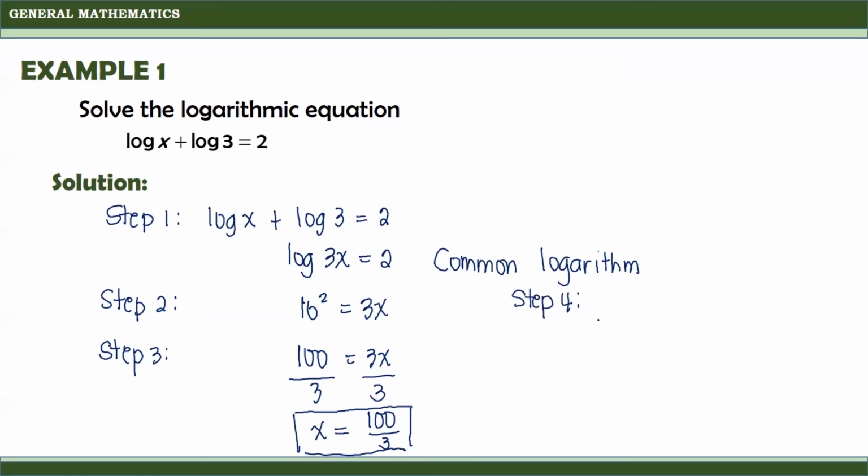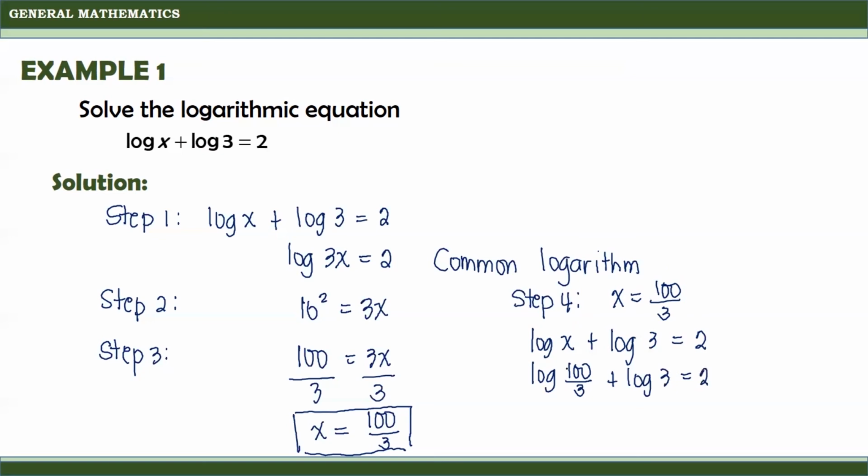To do that, we will be substituting x equals 100 over 3 into our given logarithmic equation, logarithm of x plus logarithm of 3 equals 2. So we will have logarithm of 100 over 3 plus logarithm of 3 equals 2.